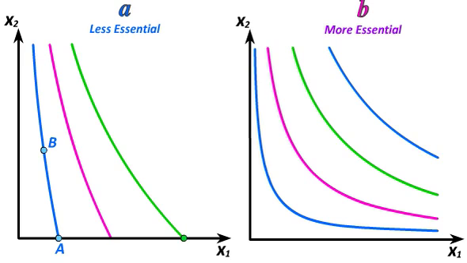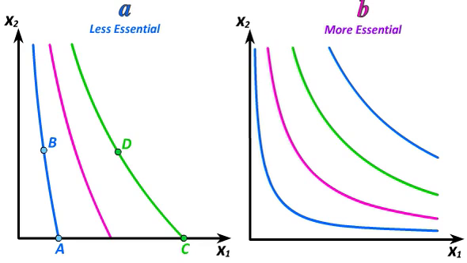Next, consider two bundles that lie on the same indifference curve in panel A, bundles like A and B, which both lie on the blue indifference curve, or bundles like C and D, which both lie on the green indifference curve. By definition, the consumer is equally happy at A and B, but at bundle A, the consumer is consuming none of the X2 good.